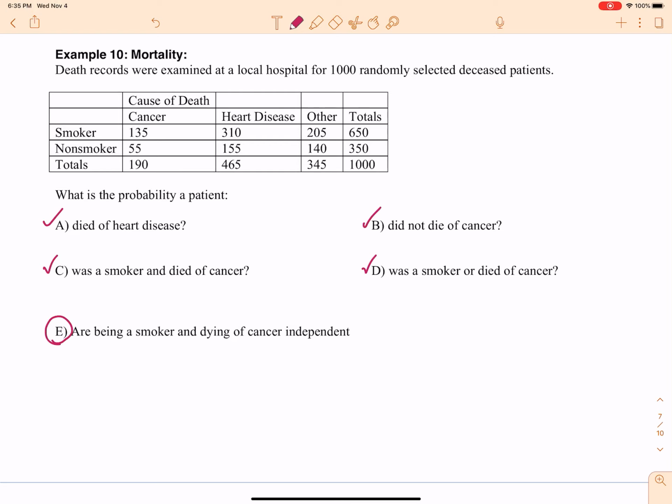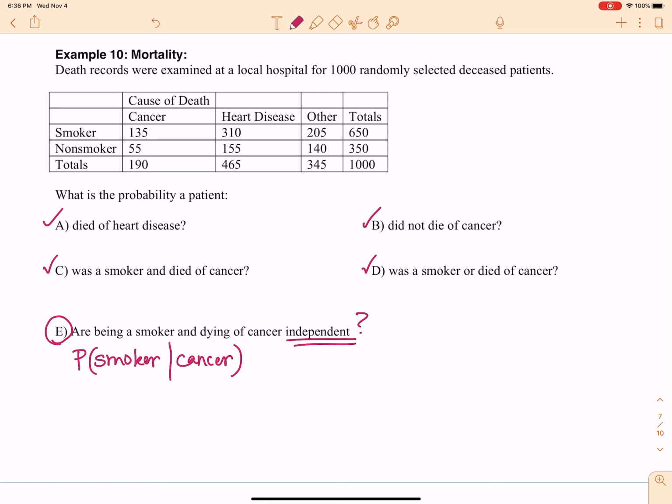All right, so if I want to know if they're independent, I need to know if the probability of smoking and dying of cancer affect each other. So the way I'm going to formally show this, I am going to start by setting up a conditional. So the probability of being a smoker given you're dying or you have died of cancer, because remember this is the mortality question.